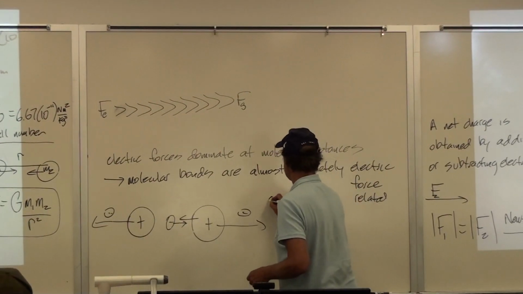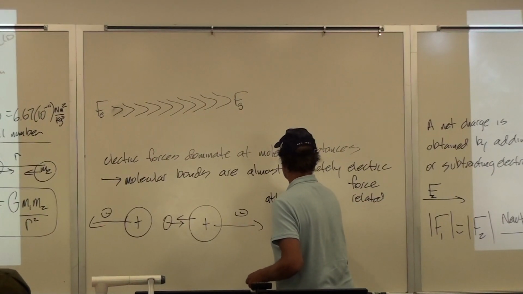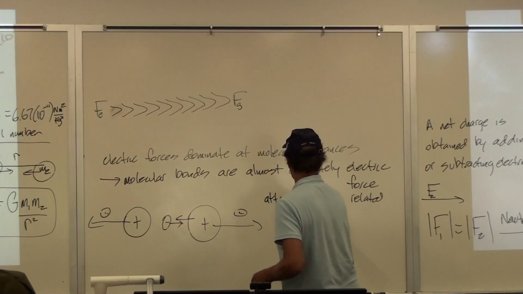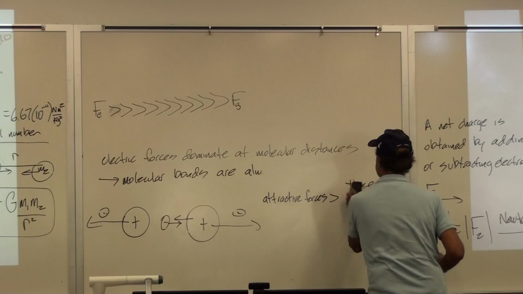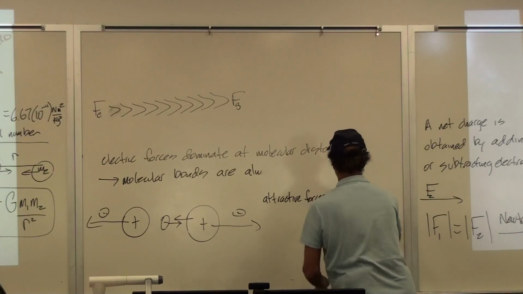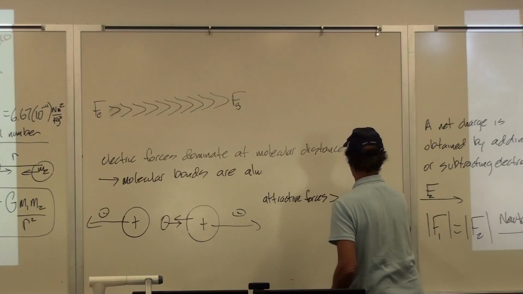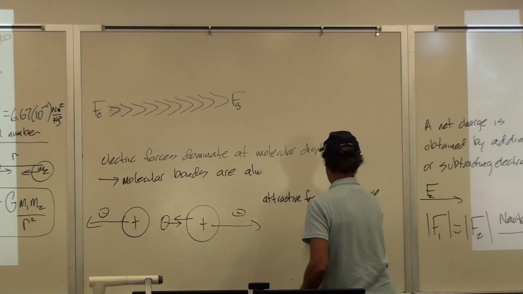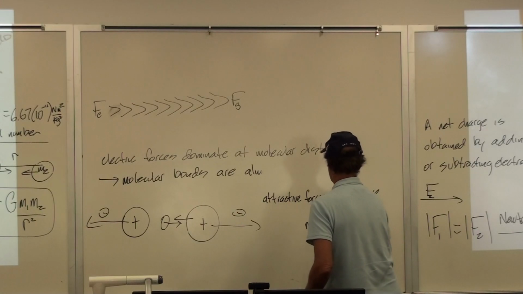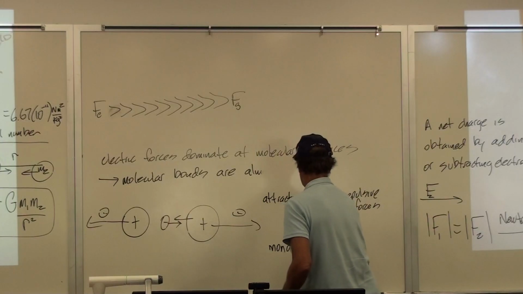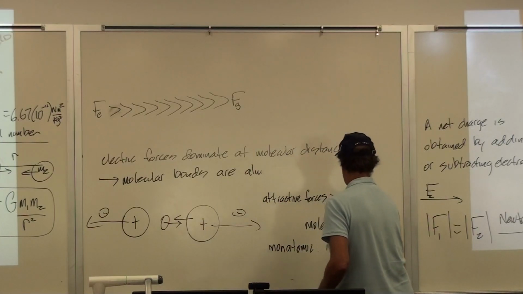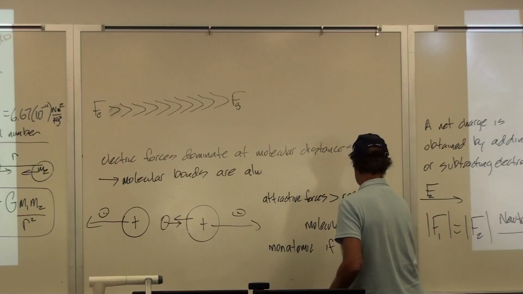If the attractive forces are greater than the repulsive forces, then we have a molecule. But we just have monatomic if repulsive forces are greater than the attractive.